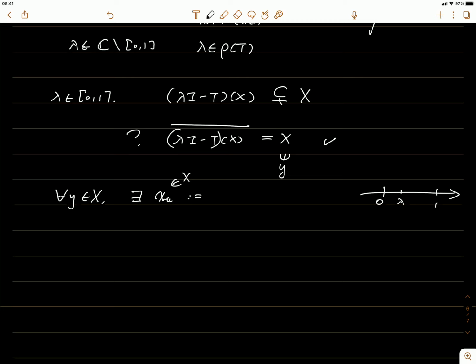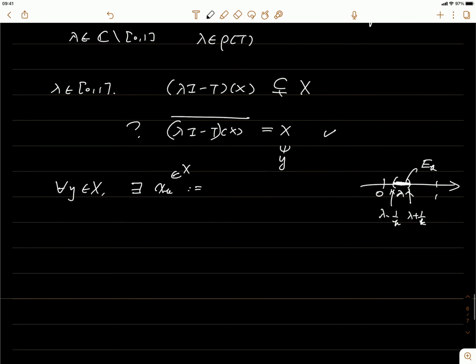Okay, and near this lambda, I'm going to get a small interval, say lambda minus 1 over k, lambda plus 1 over k. You can use other values, but the point is that I'm going to have a small interval here, which we call the ek, and as k goes to infinity, this length will get smaller and smaller. It always contains lambda.